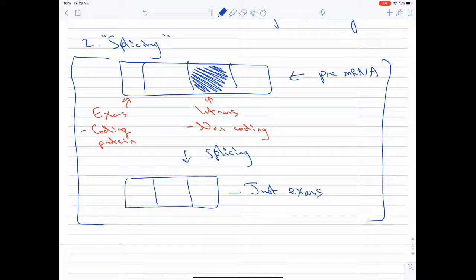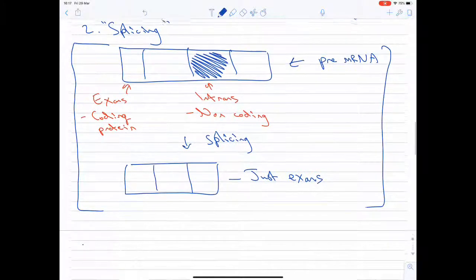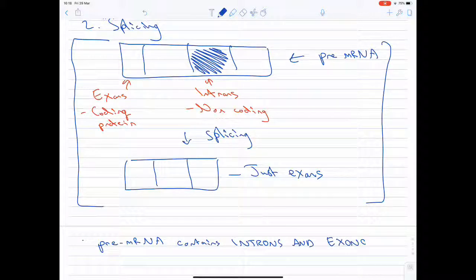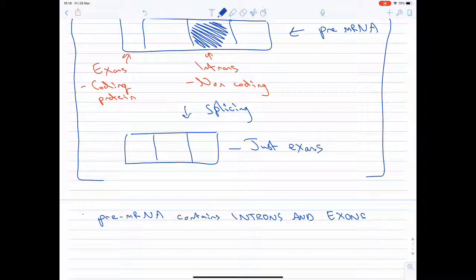So to put it in words in the exam, what you would say is that pre-mRNA contains introns and exons. Okay, let's do a bit better on the S there.